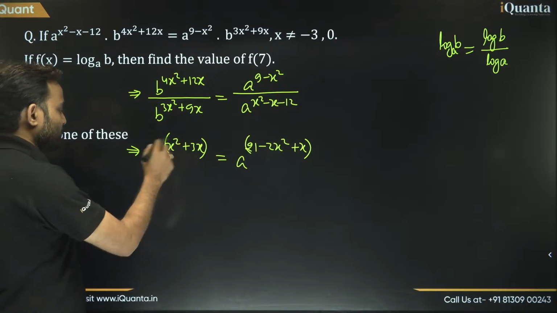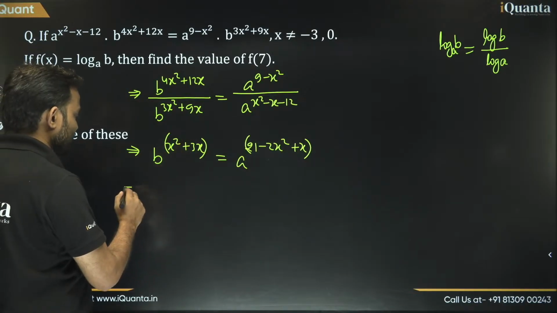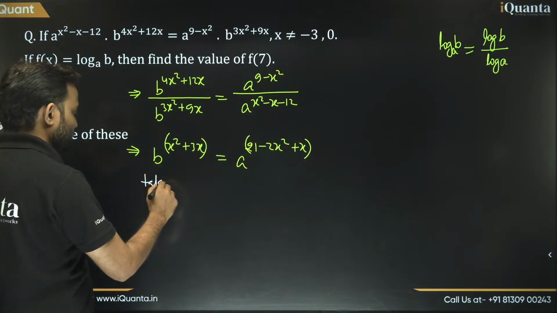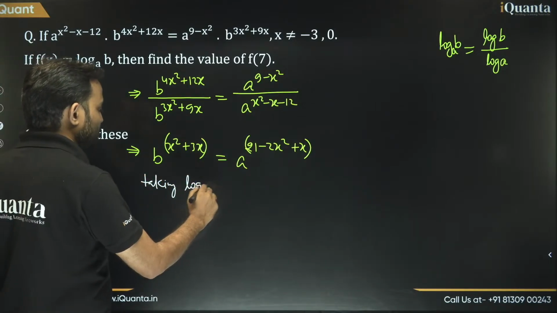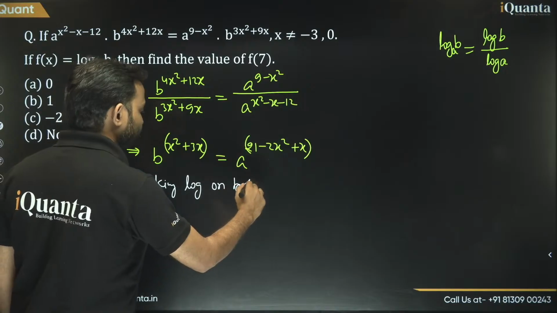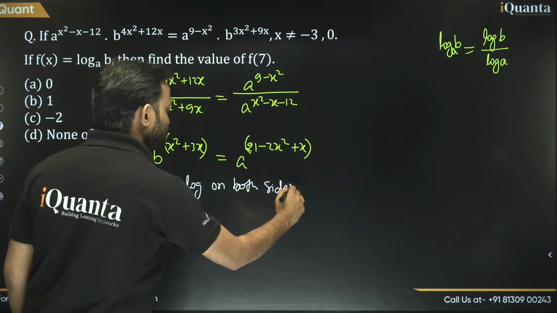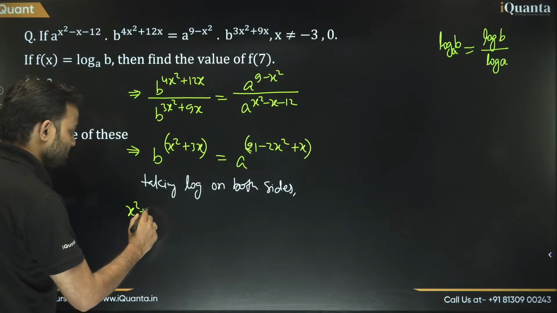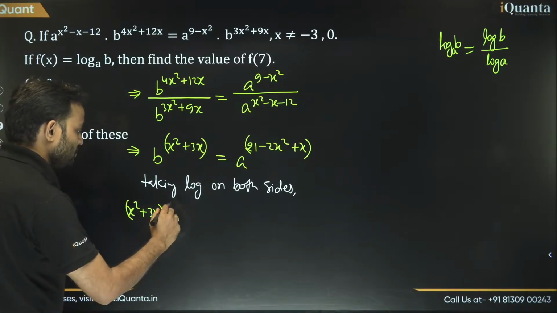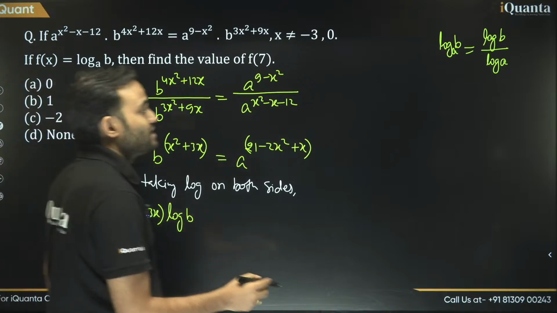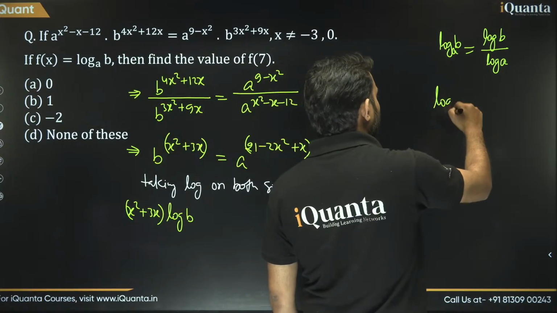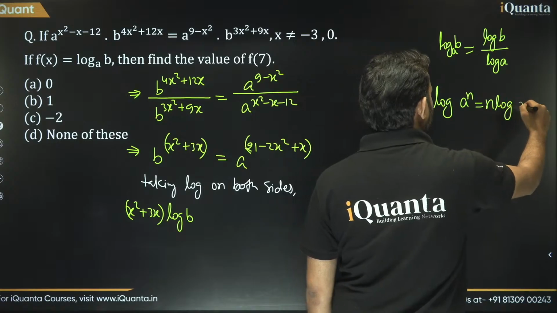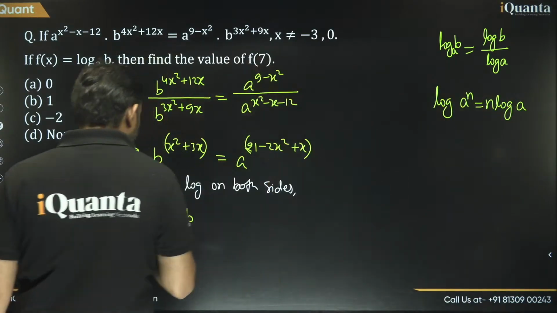Now if you simplify this, taking log on both sides, what will happen? This will become x square plus 3x log b. Why? Because we know that log a to the power n is equal to n log a. This n will come here.